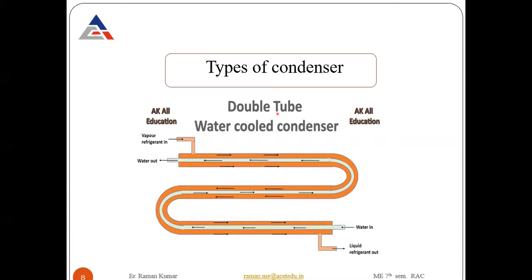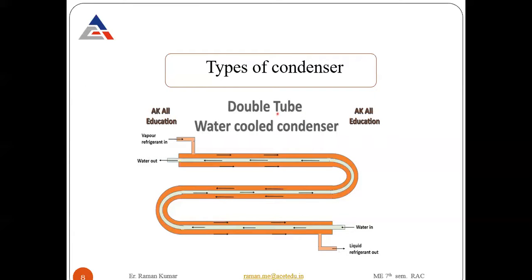And when it reaches the end of this pipe, the vapor refrigerant which is coming from the compressor is completely converted into liquid refrigerant. The liquid refrigerant comes outside at the end of this double tube water cooled condenser, and then this liquid refrigerant is supplied to the expansion valve.